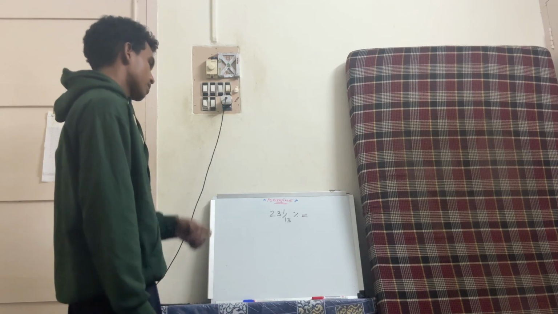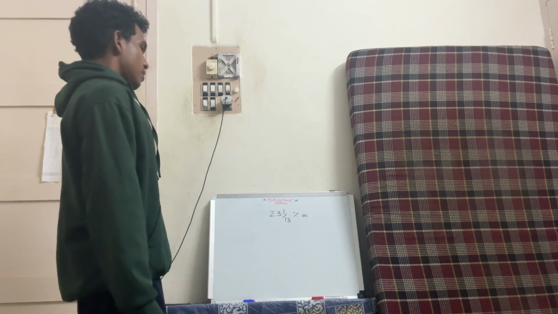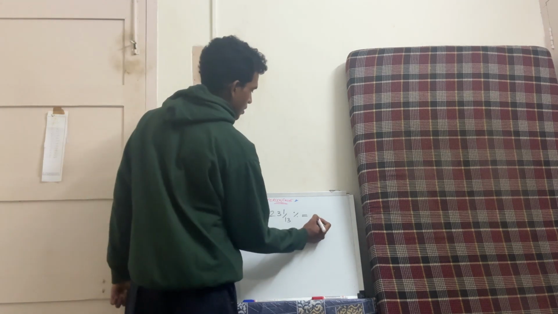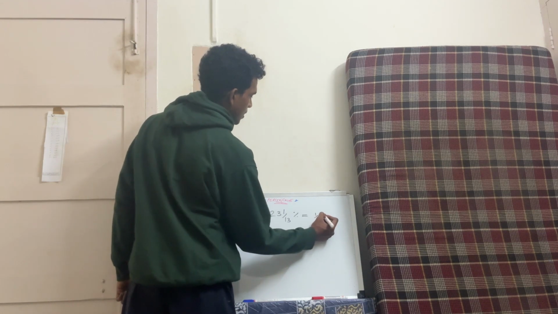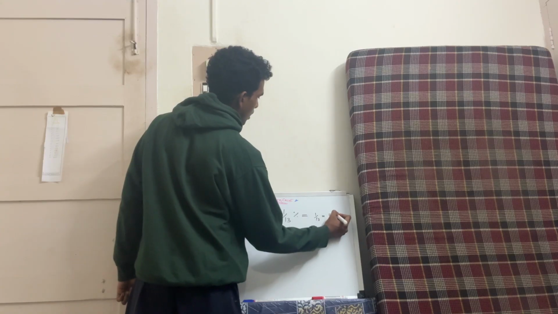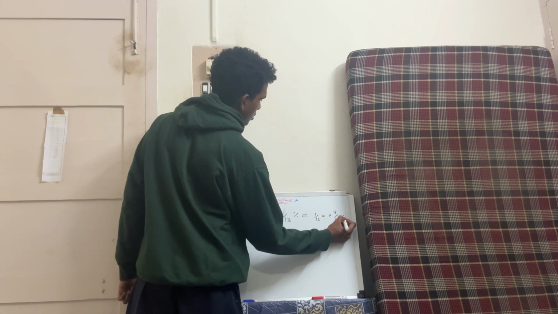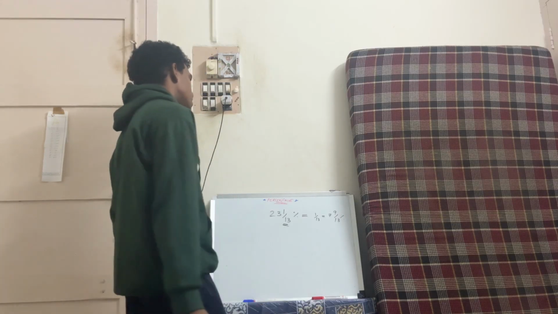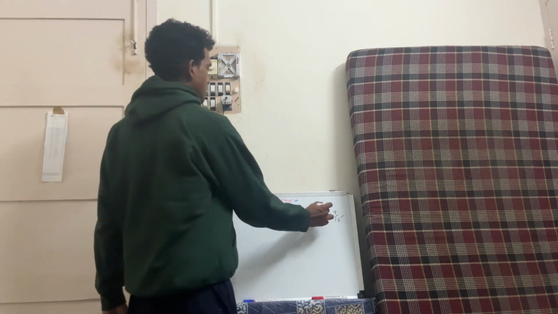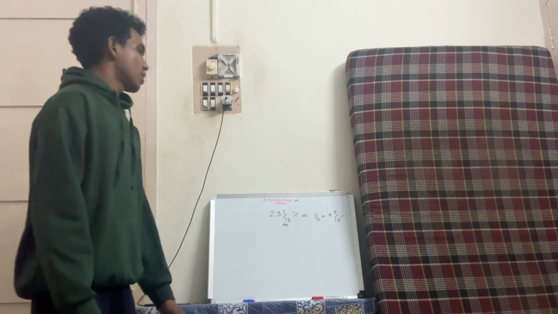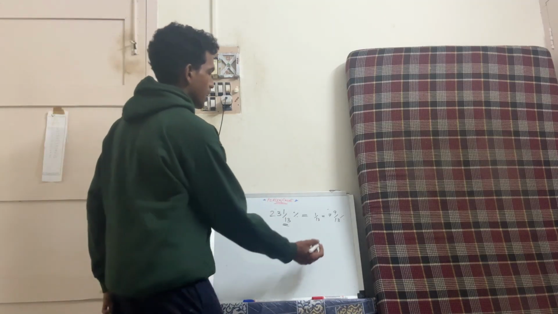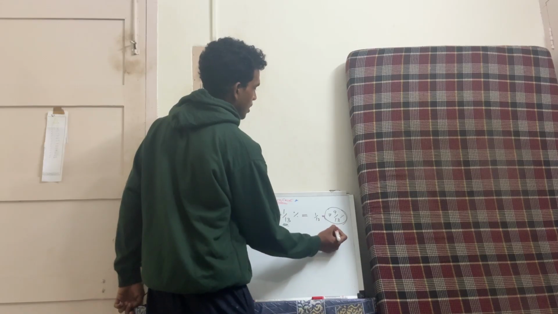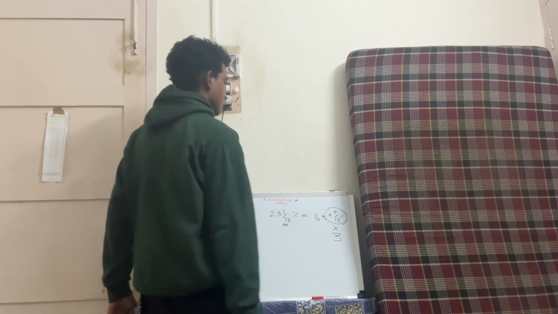Here we know that 1 by 13 is equal to 7 and 9 by 13 percentage. We need to change this thing into this. How can we change that? We can change that by multiplying the whole thing with 3.